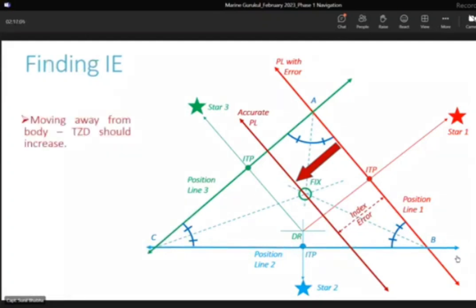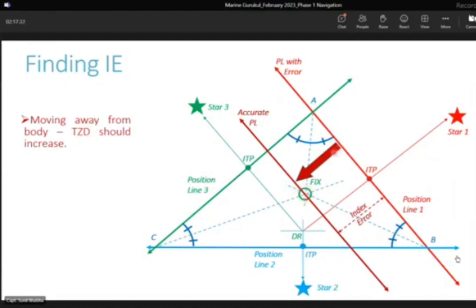Now moving away from the body, what does that mean? If you are moving away from the body, that means the true zenith distance of the body should increase. Zenith distance is basically the distance or the arc between the zenith of the observer, which is represented by the position, and the celestial body.